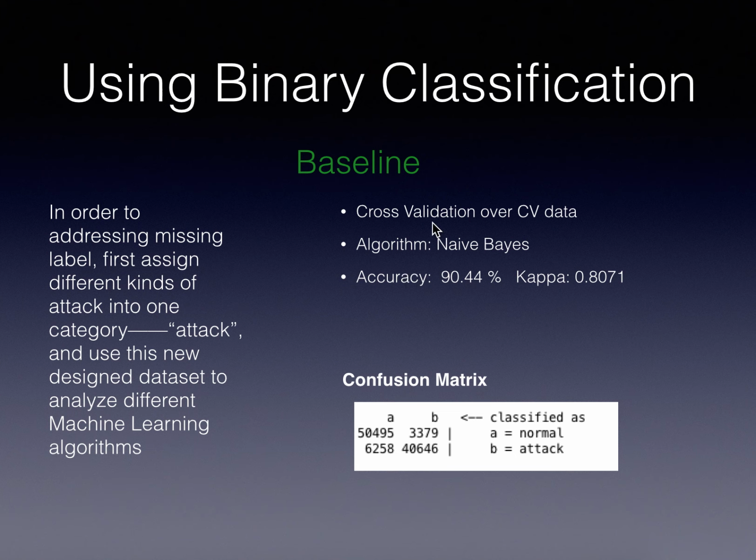I just use cross-validation over the cross-validation data with naive Bayes, and I get a 90% accuracy with a kappa of 0.8. Actually, it is a very good result, and the confusion matrix is shown here.